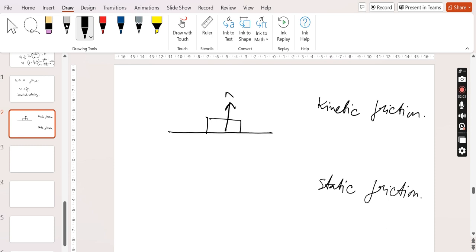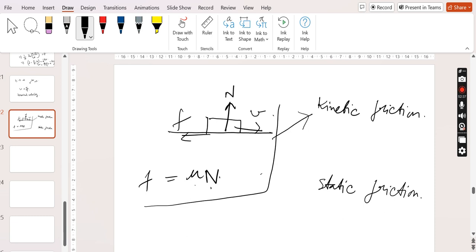So there is a force N which works perpendicular to the surface. If it is moving in one direction, friction will work in the opposite direction. And friction will be mu N, where mu is the coefficient of friction. This is kinetic friction.